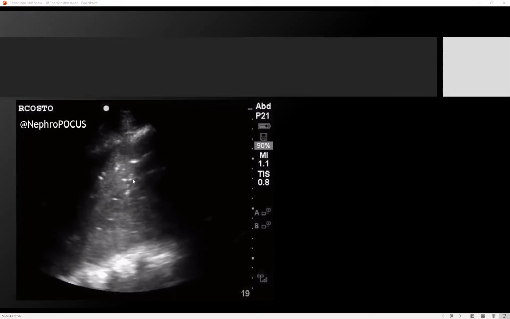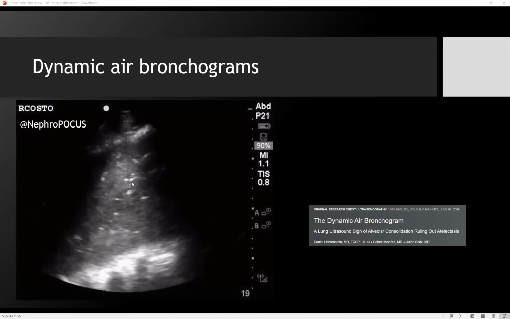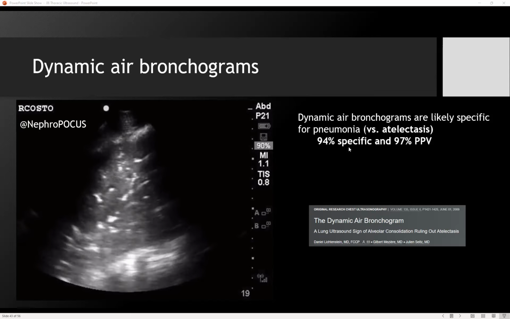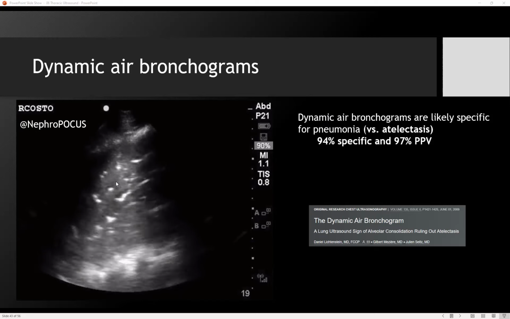So usually when there's consolidated lung around the bronchi, the air is going through the bronchioles with each breath, but it's not getting all the way to the lung because the lung is consolidated. So this dynamic air bronchogram has been called likely specific for pneumonia versus atelectasis. It's 94% specific and has a 97% positive predictive value. So this is just a helpful finding to know if you see a pleural effusion and dynamic air bronchograms.